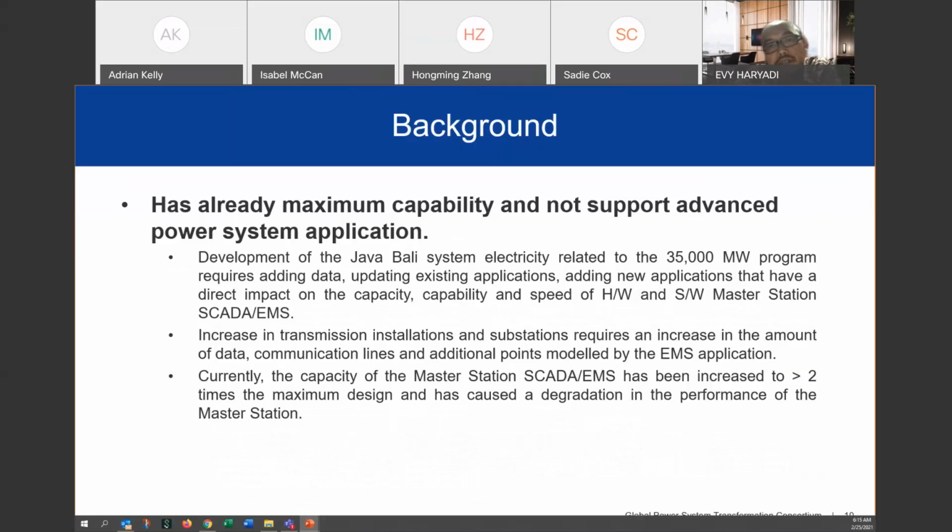Starting 5 years ago, we have had a 35 gigawatt program, including generation and transmission projects, that will need added data and updates to existing applications. Now, our SCADA master station capacity has increased more than 2 times the maximum design, causing a degradation in the performance of the master station.